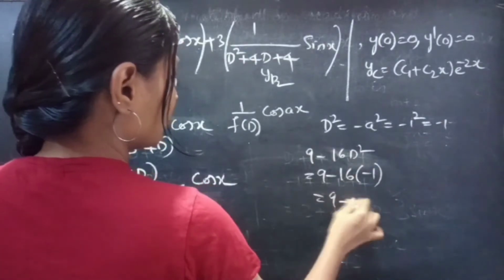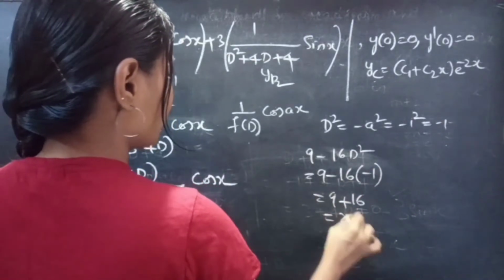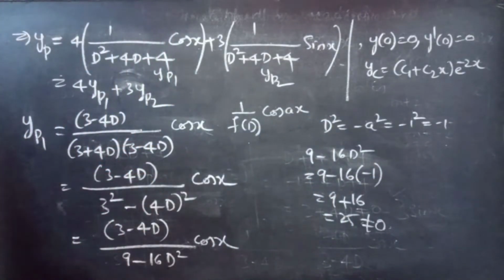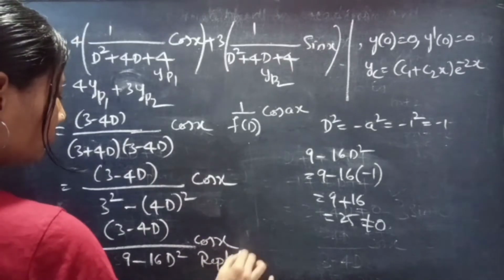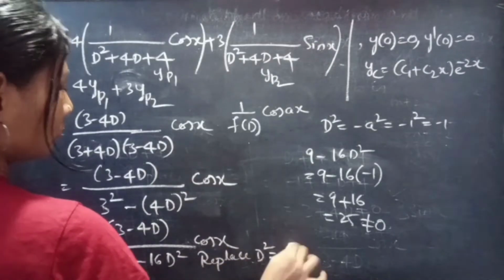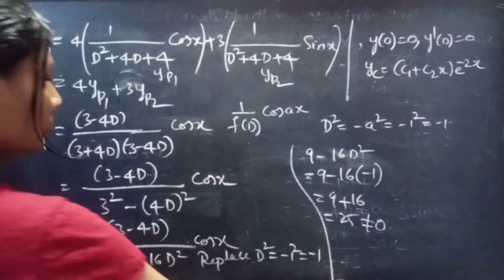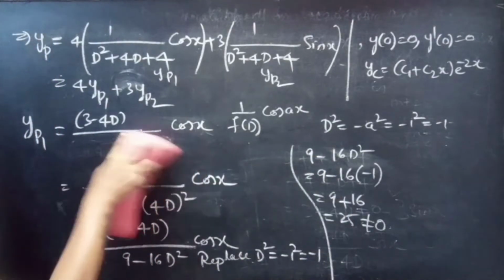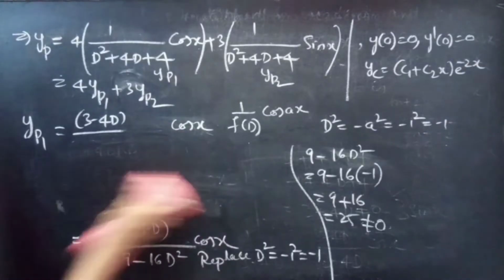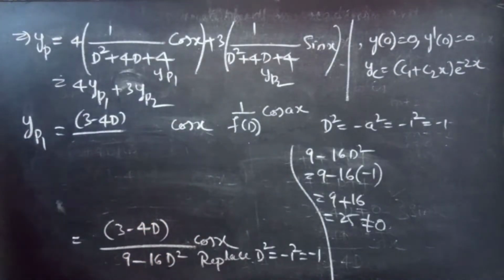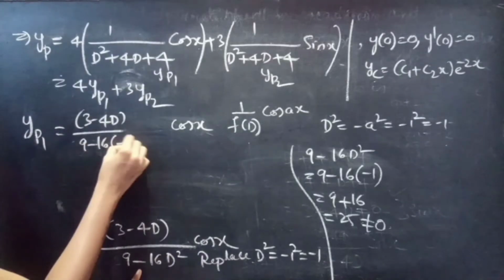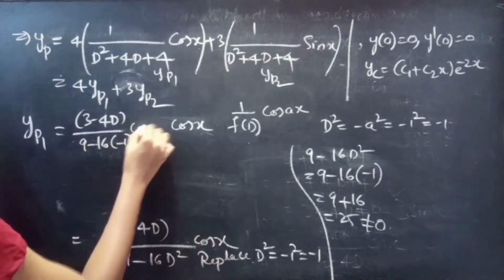We'll get 9 plus 16, which is 25, non-zero. So we can replace D square by minus 1 here. This becomes 9 minus 16 into minus 1, into cos x.